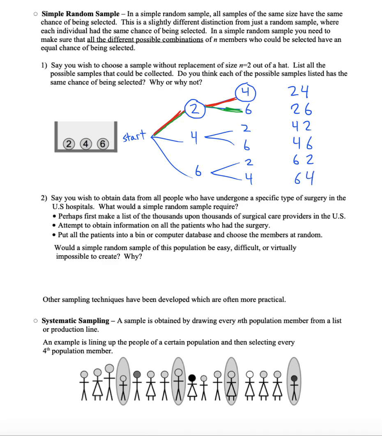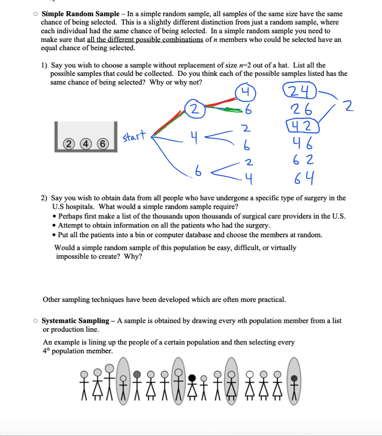Now what this will show is that actually each combination of balls is going to have an equal chance of being selected. How do we know that? Because 2 and 4 occurs twice in the what's called the sample space. So there are 2 ways to choose them.